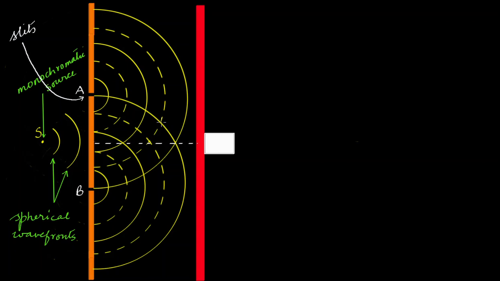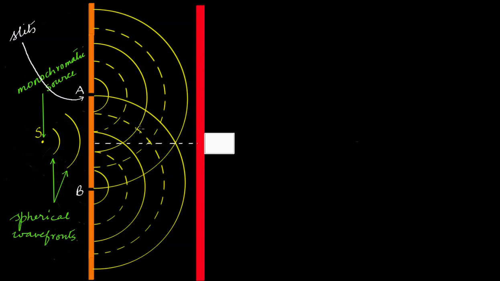Now if you look at these two interferences here, this point and this point, you see the trough of the wave coming from A coincides with the crest of the wave coming from B. So what type of interference is happening here? Destructive interference. So you expect to get a dark point.